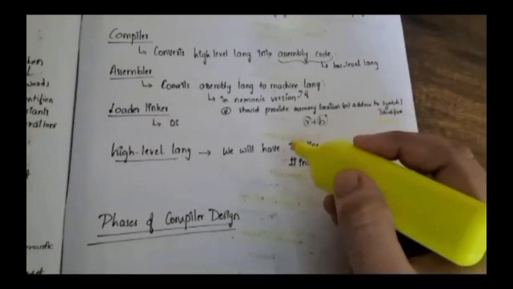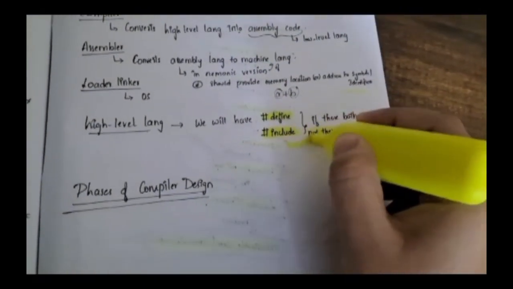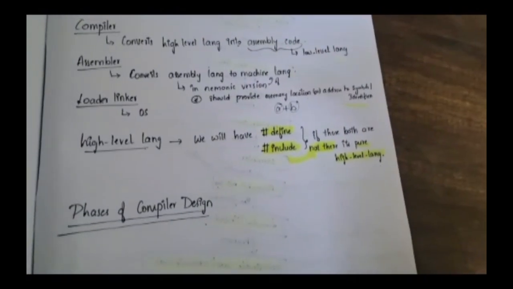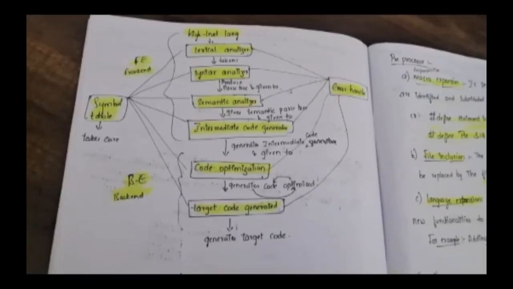In high level language, we have hash define and hash include, whereas in pure high level language, we will not have any of these.